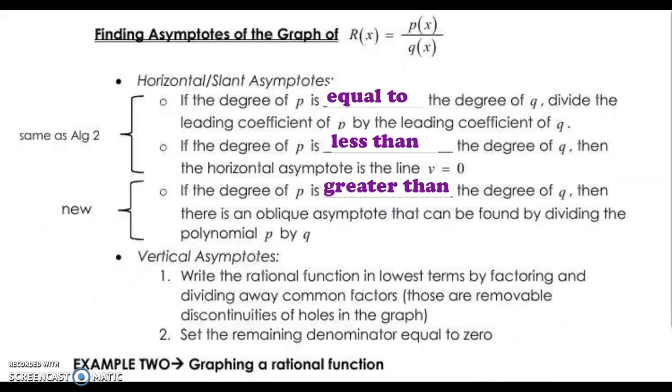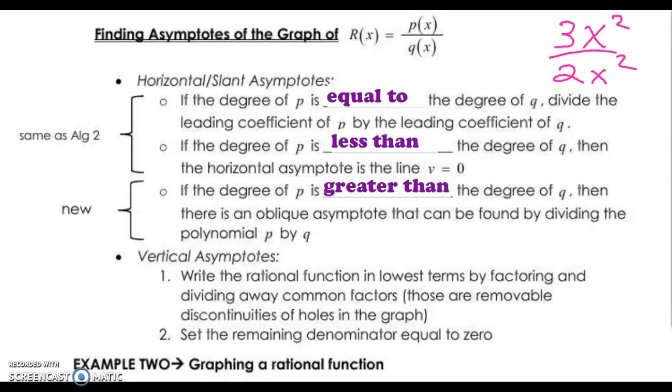All right, so if the degree of P, the numerator, is equal to the degree of Q in the denominator, then all you have to do to find the horizontal asymptote is divide the leading coefficient of P by the leading coefficient of Q. For example, let's say it's 3x squared over 2x squared.